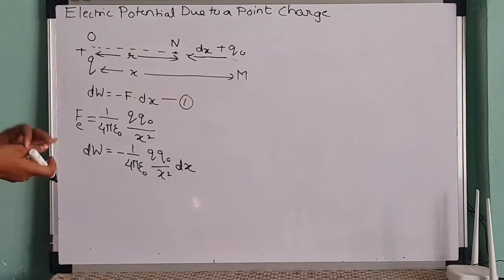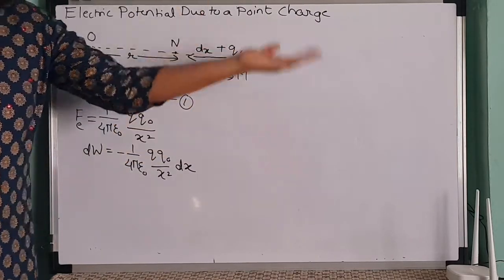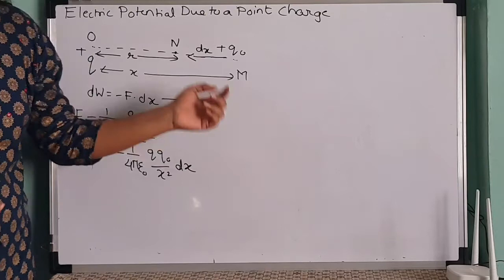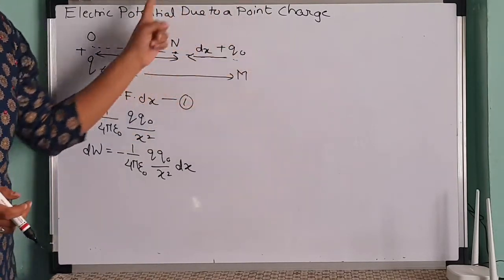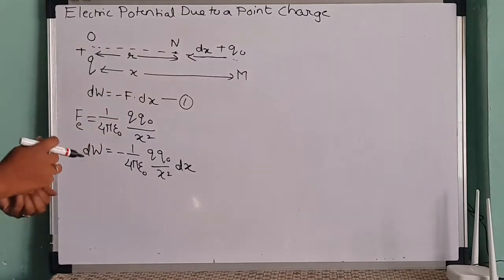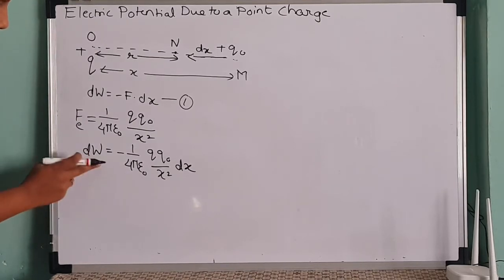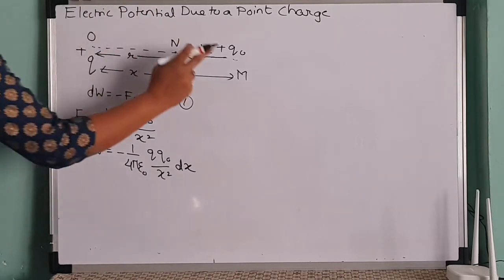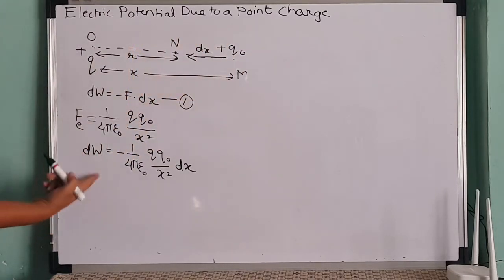Now if M is an arbitrary point and this Q naught is situated at infinity, and I need to take this Q naught charge from infinity to point N, I need to do the integration, meaning the total work done. To find this total work done, to take that Q naught charge from infinity to N, I need to integrate this.